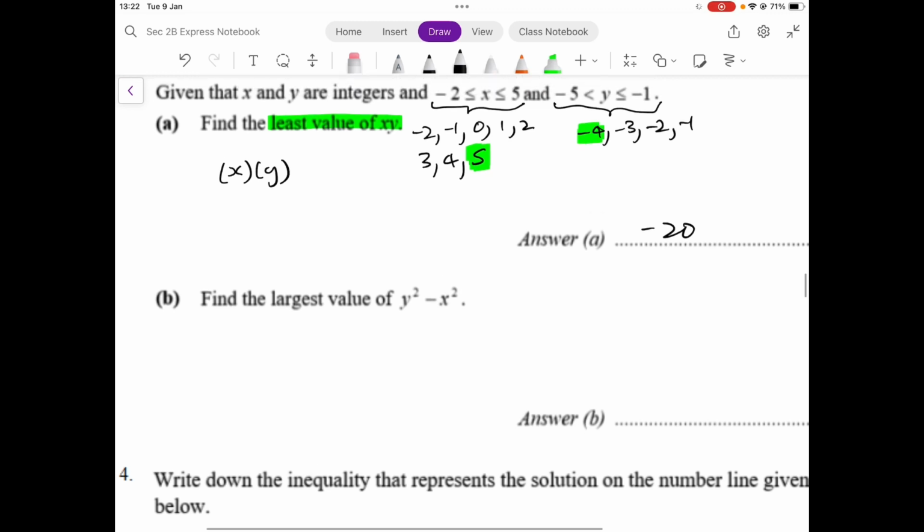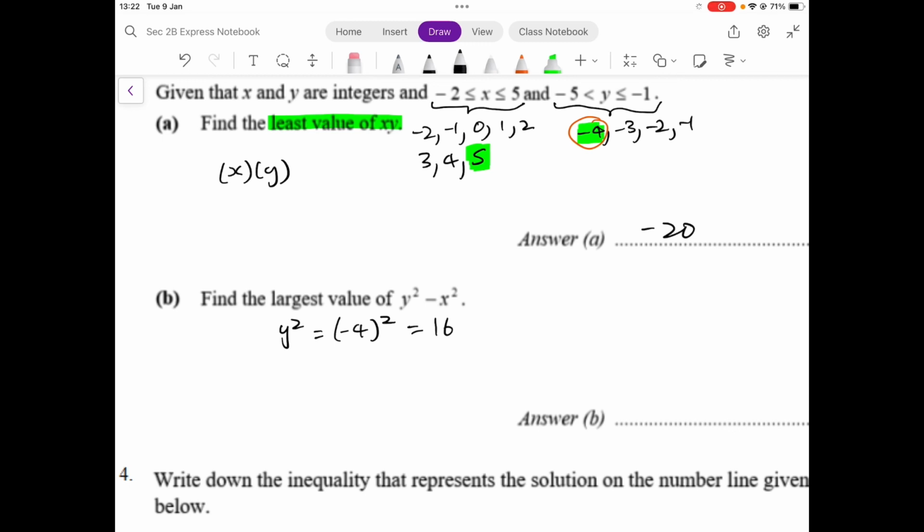Now y square means even if y is negative, it will become positive, because the square will be minus 4 times minus 4. Alright, so we take the largest number that we see here, which is minus 4, as y.